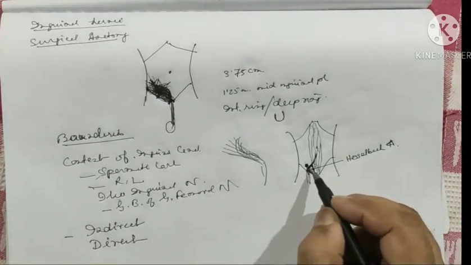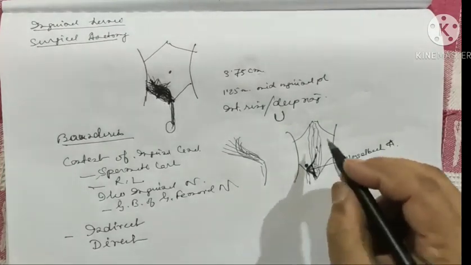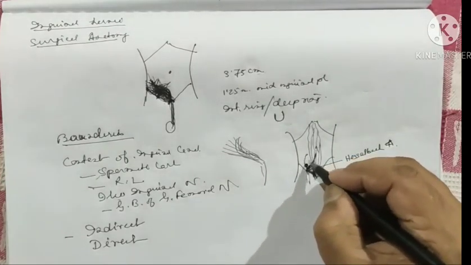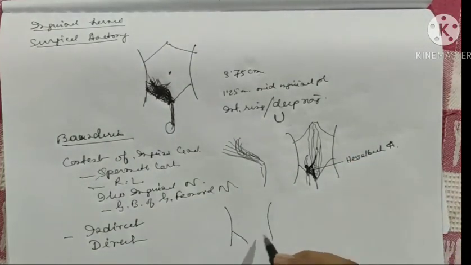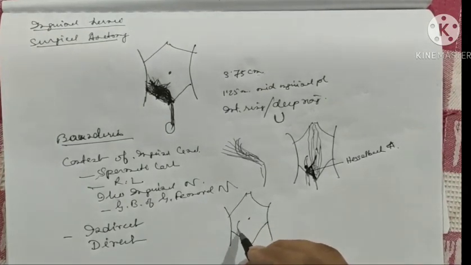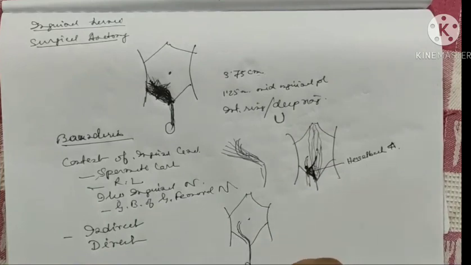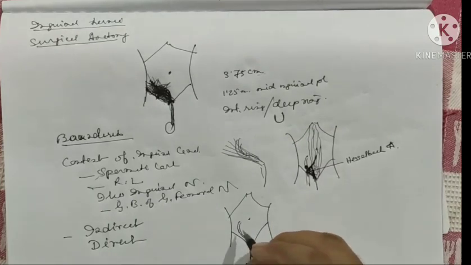See the relations of the spermatic cord with the sac. Suppose this is the spermatic cord coming out like this, and this is the testis. Whenever during descent of the testis along with the spermatic cord, the peritoneum will also be pulled out.